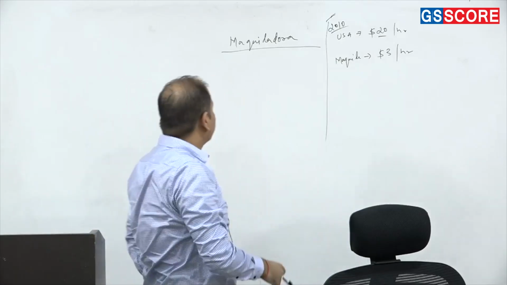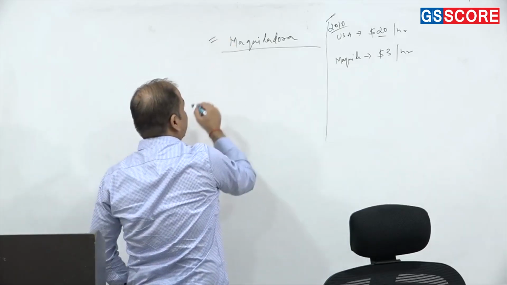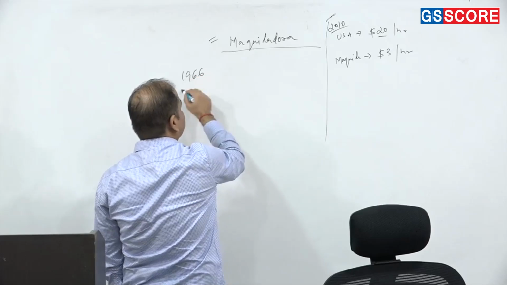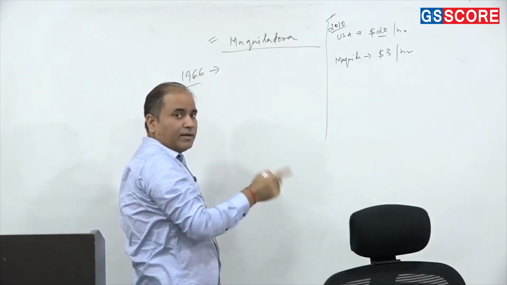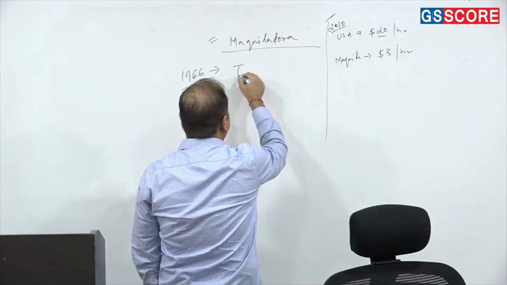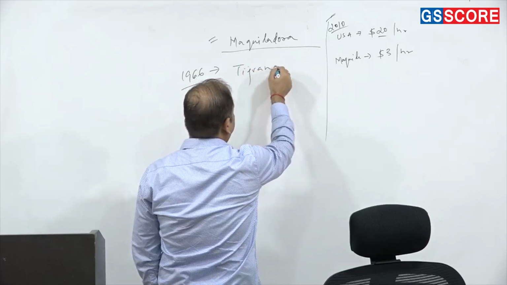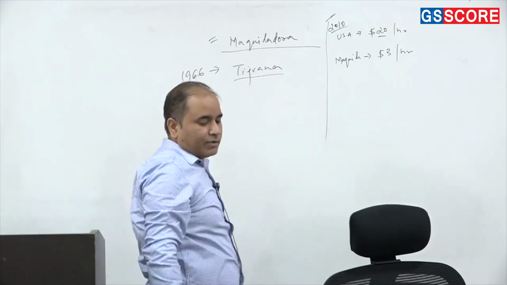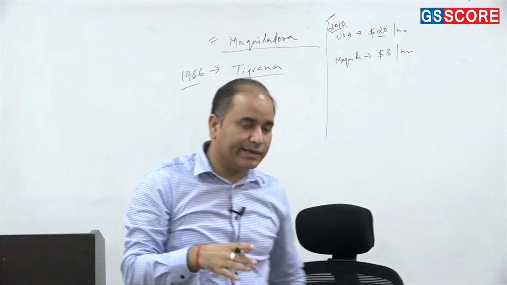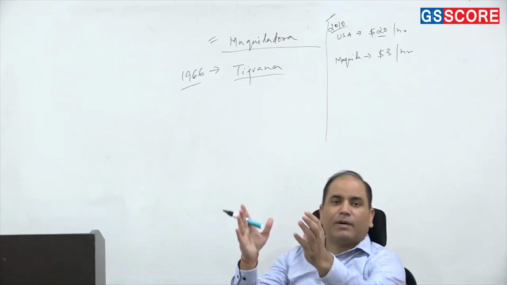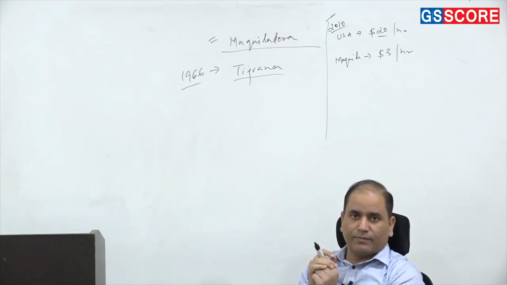Imagine that when this concept of maquiladoras started, in 1966, the first maquiladora was set up in the state of Tijuana. In that time period, there was rampant poverty in Mexico.